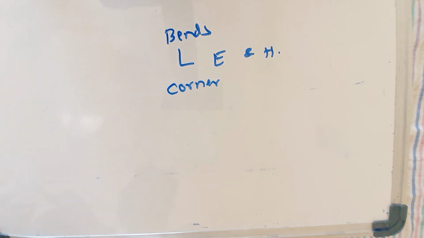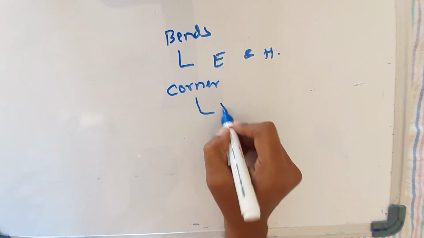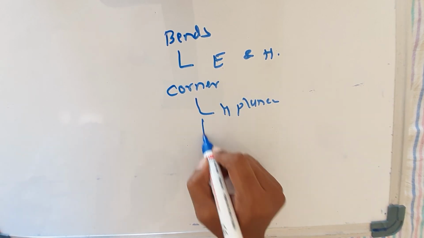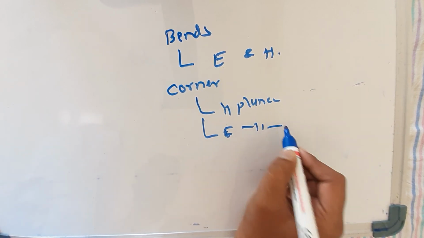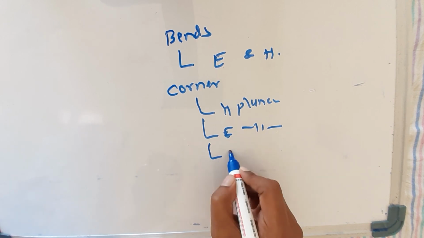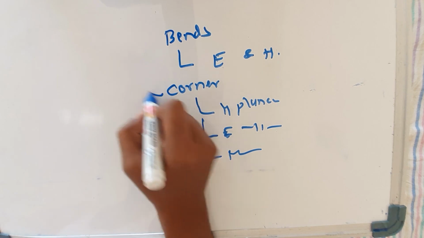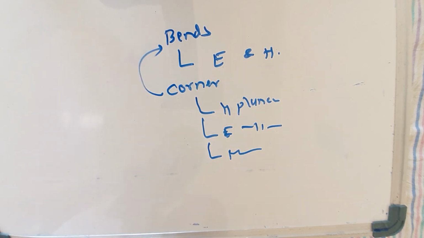In corners again we studied H plane miter corner, then E plane double miter corner, and H plane double miter corner. Instead of bends we have to use the corners because bends are inconvenient and clumsy in nature.